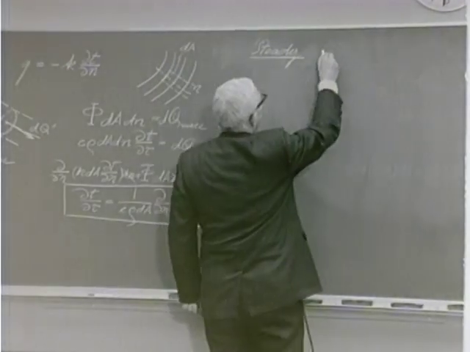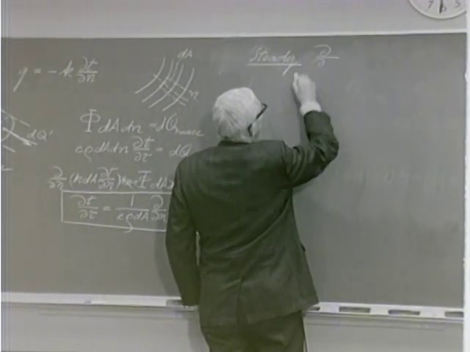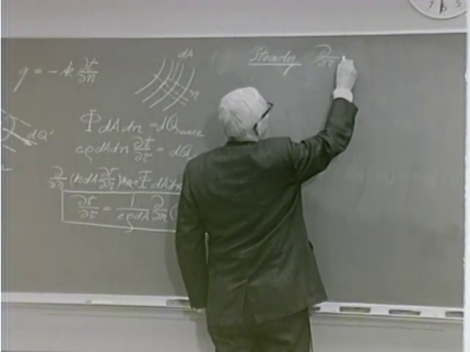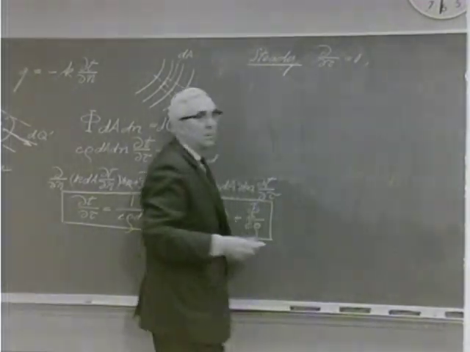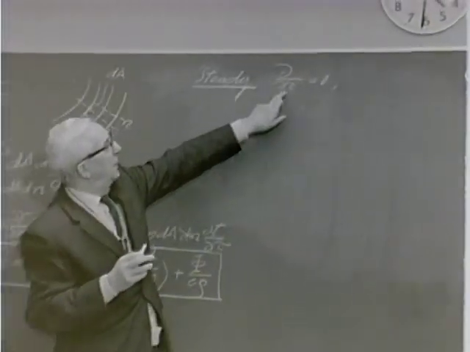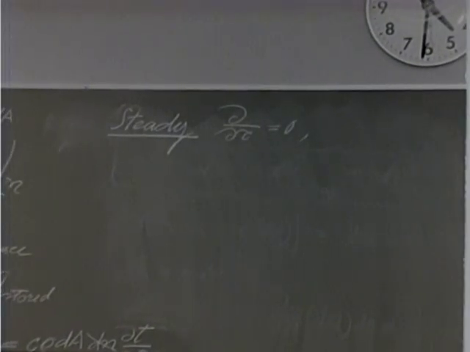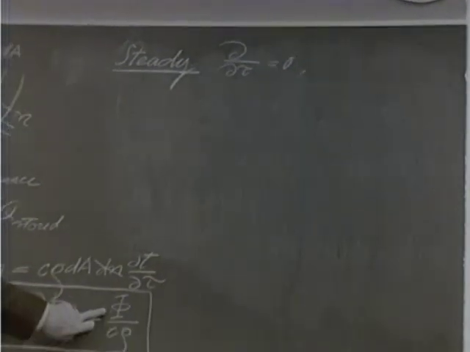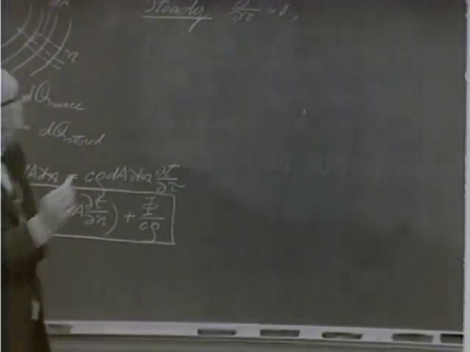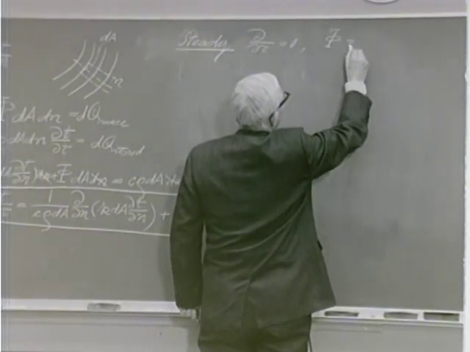So if we say steady, this means the differential of anything, temperature for instance, with time equals 0. No change in time at a specific location, and this is what this means. And we will also at first, later on it might be useful to look at some cases with heat sources, but we will at first look at a situation where we have no heat sources, phi equals 0.